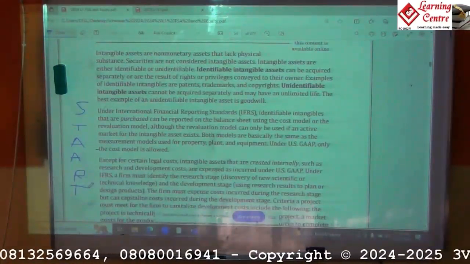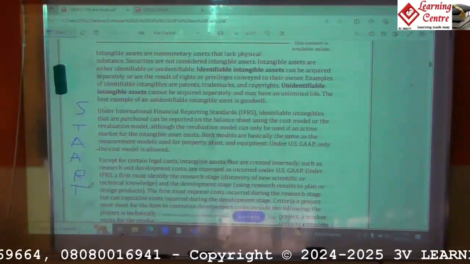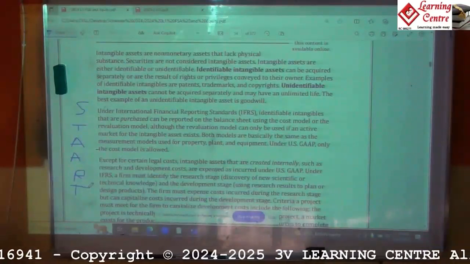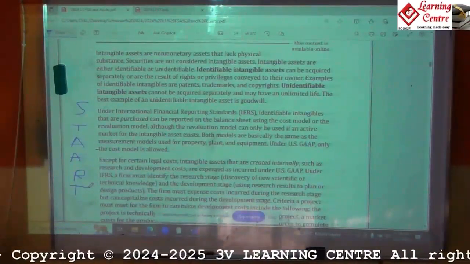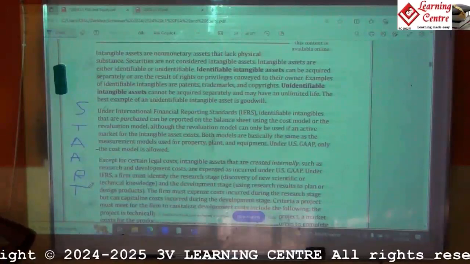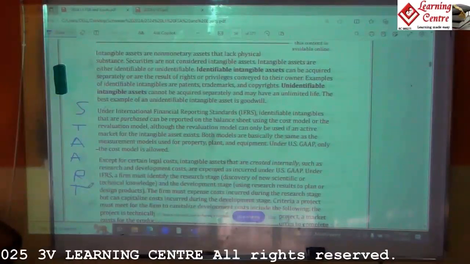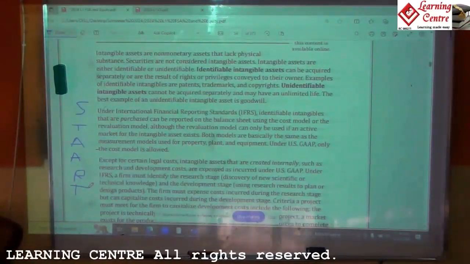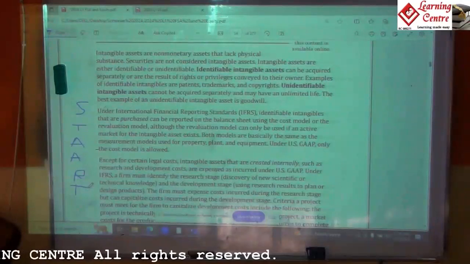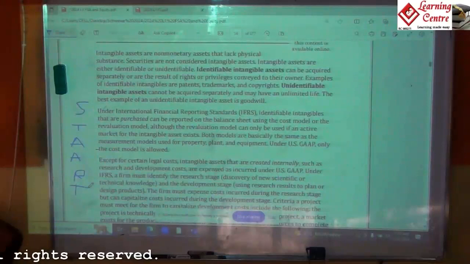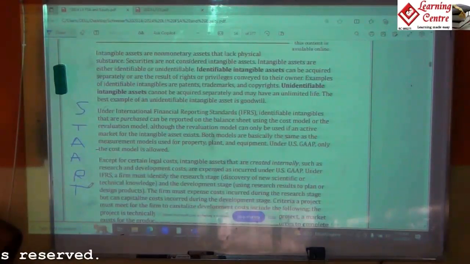What is the S? S is the startup costs. Once you see these costs, you expense them immediately. T is the training cost.